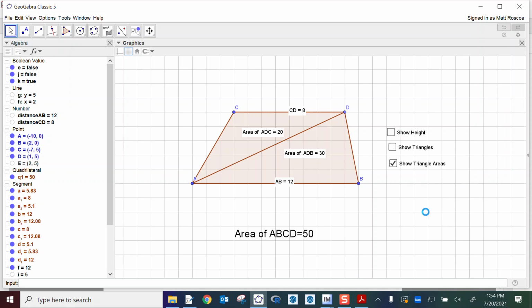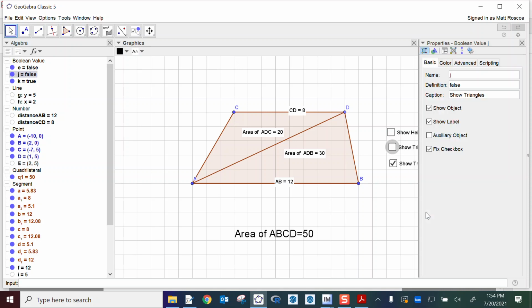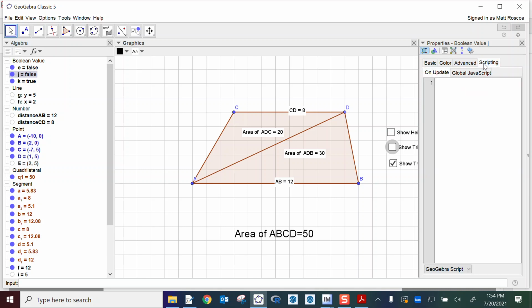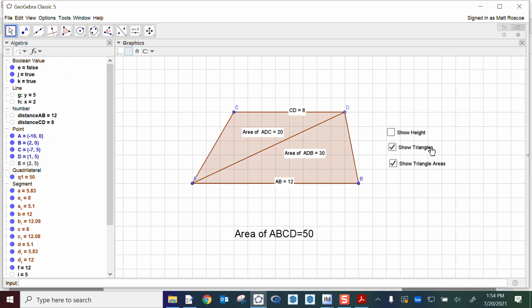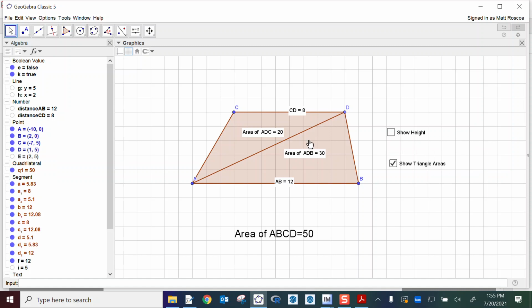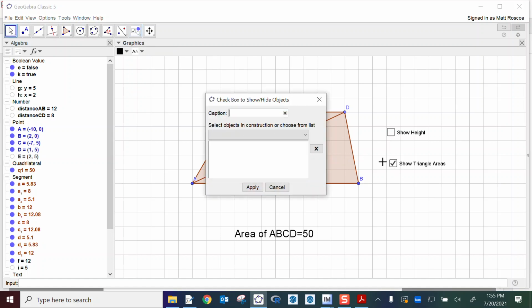Object properties for show triangles. Maybe I'll just get rid of that one. So this one I am going to delete, and I'm going to redo it this time. Let's see here if I can get it right.